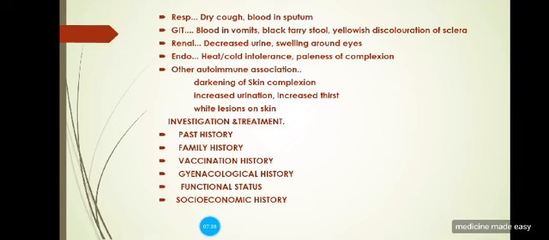Then functional status is very important. Even if you have mentioned it in the HOPI, you have to go through the functional status again in the history as a separate entity, because it's important whether she is able to do her self-care, whether she is able to do her household work, and whether it is affecting her occupational outcome.